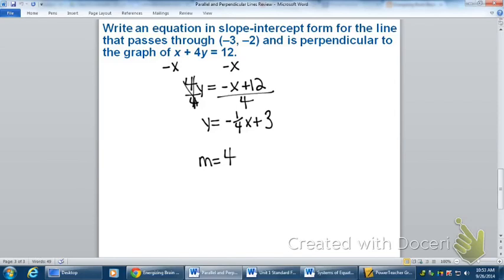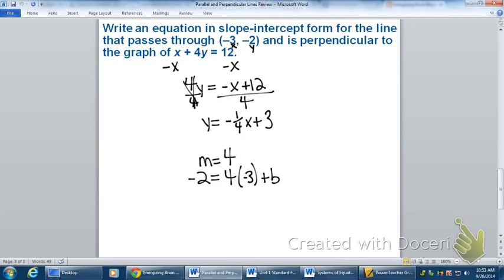We have our x and our y, and we have our slope. So I'm going to plug in -2 equals 4 times our x, which is -3, plus b. That's what we're trying to find, the last step. Does that make sense?